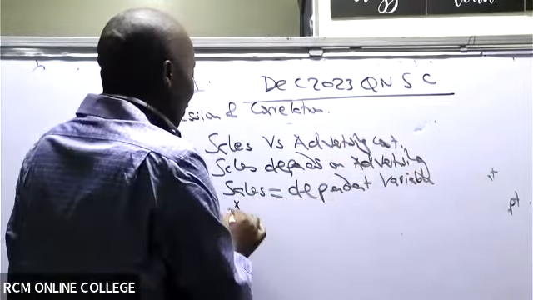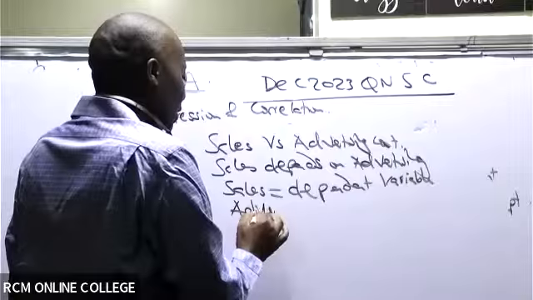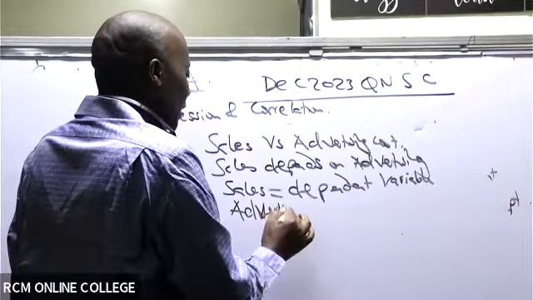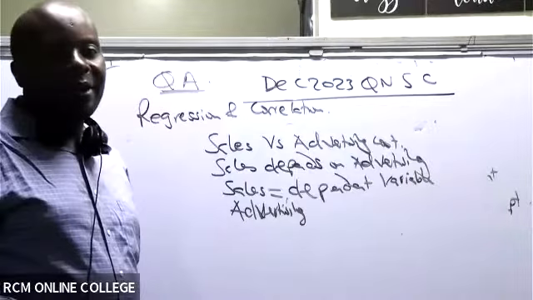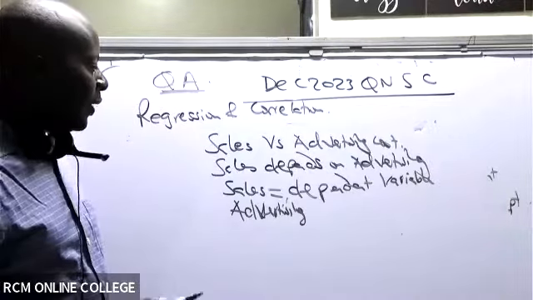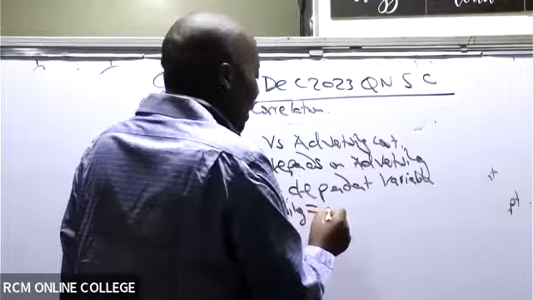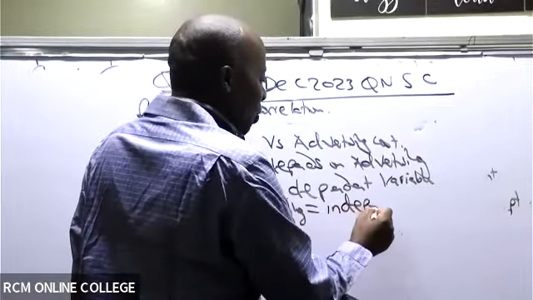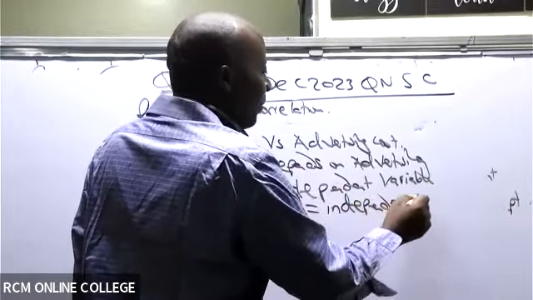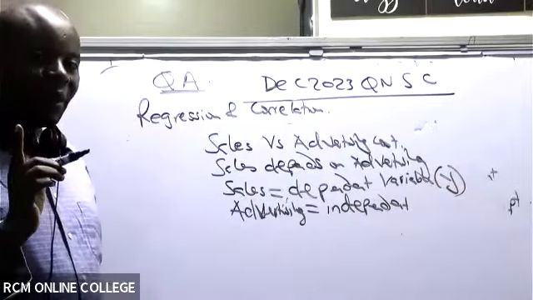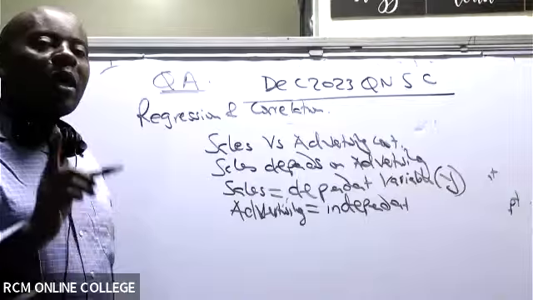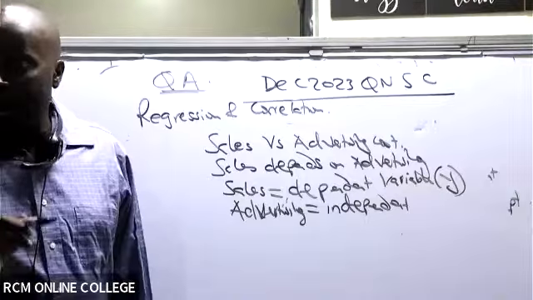And then we have advertising. Advertising will be on the other side of the coin. So now the advertising cost will become independent. Remember, the dependent variable is always your Y variable.